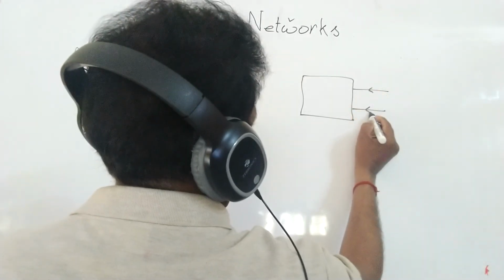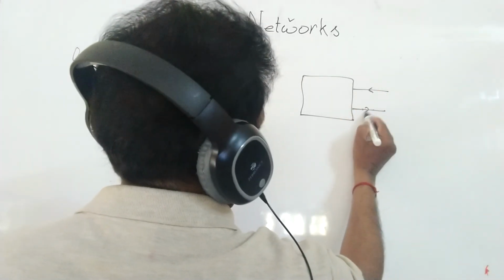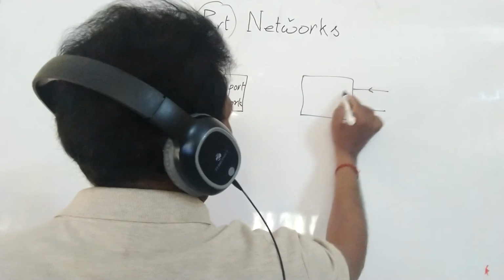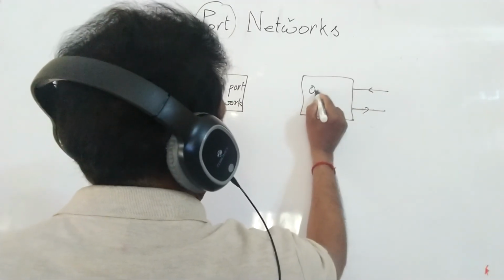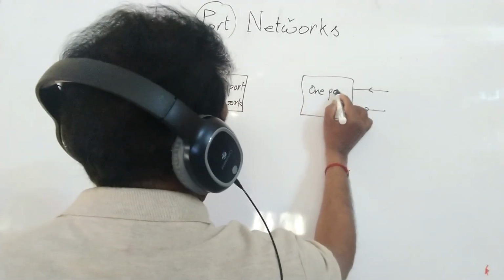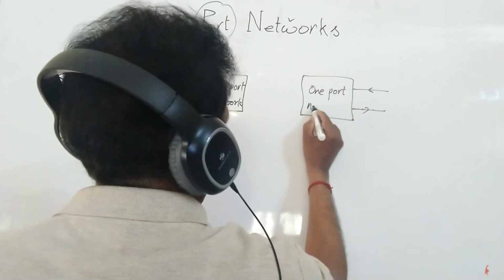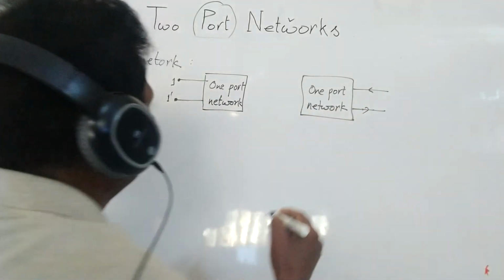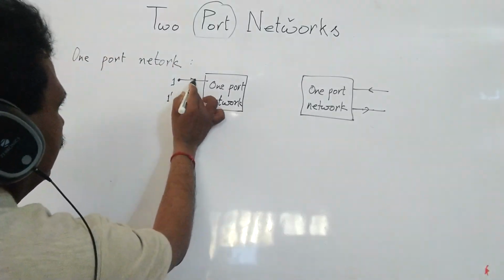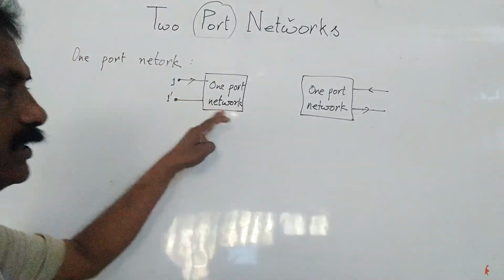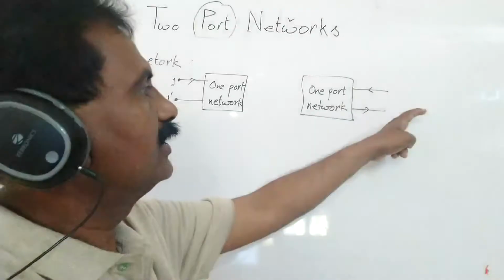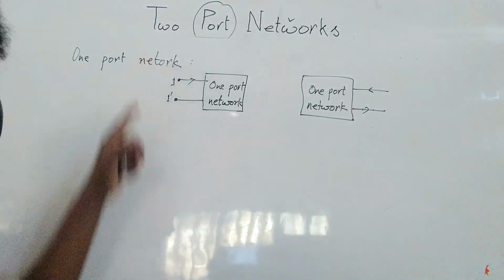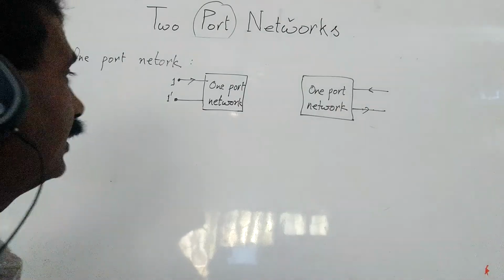Here current is entering into the network, here current is leaving the network. This is the example of a one port network.